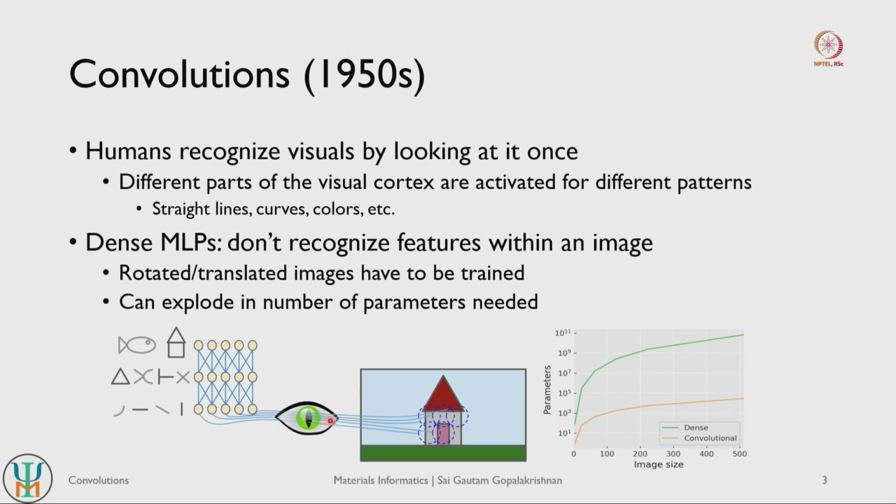So initially the brain receives all the inputs. Once it receives the inputs, it decomposes them into smaller level features or simple geometrical objects. It then considers combinations of these different geometrical objects, and it keeps increasing the complexity until it makes a final recognition that yes, this actually looks like a house and does not look like a fish. So that is in short how the visual cortex works.